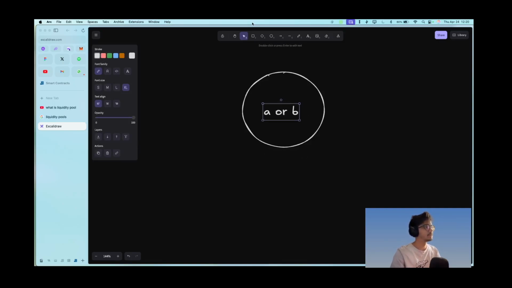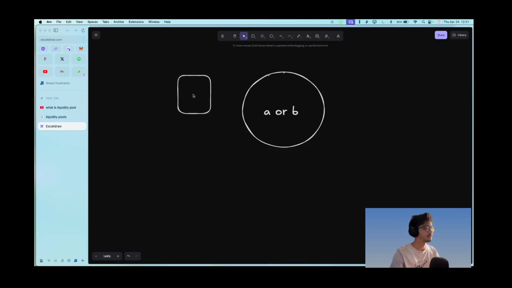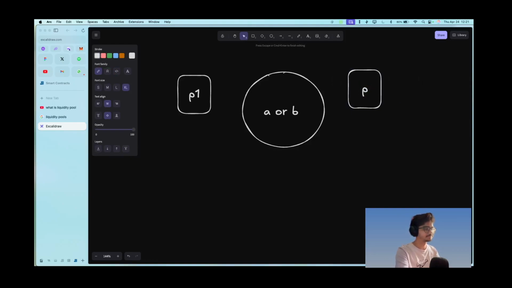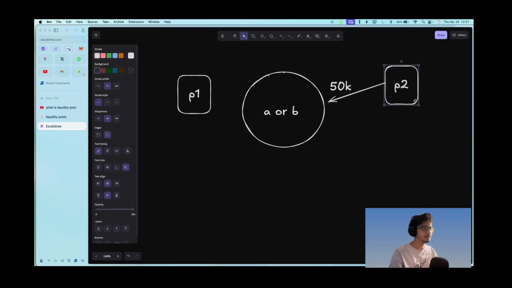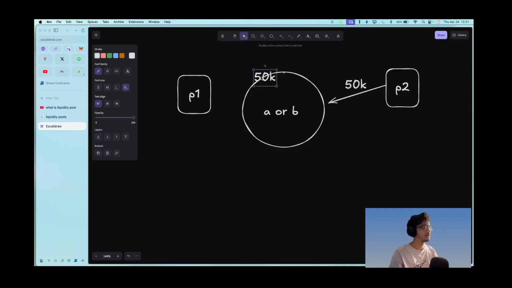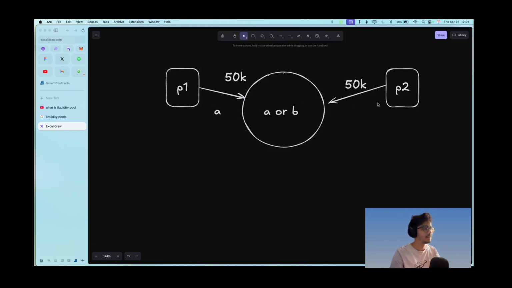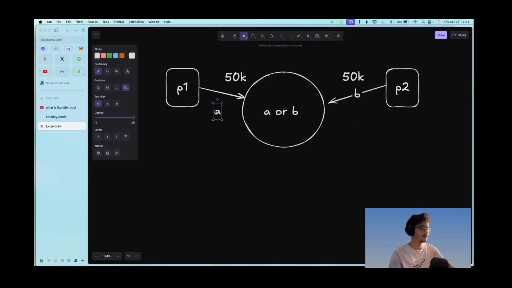So two people, let's say P1 and P2, both have deposited 50k, and P1 has deposited 50k and P2 has also deposited 50k, each of one currency. Let's say this guy gave A, this guy gave B. So let's just write this down here.